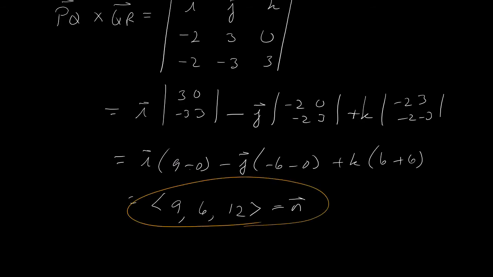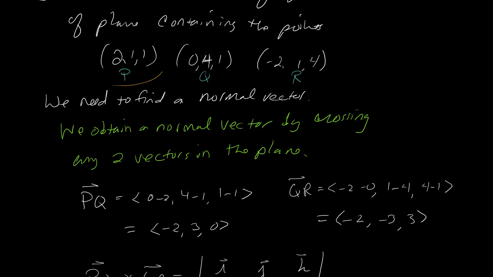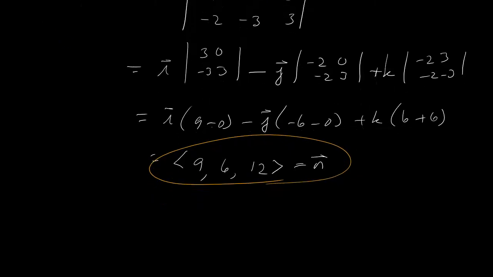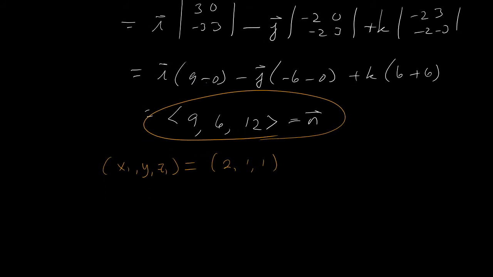And I'm going to choose any point from the plane. So I'm going to come back up here, and it doesn't matter. P looks good. Any point in the plane, doesn't matter which one. So my point x1, y1, z1 is going to be P, which is 2, 1, 1. Okay, so I've got my a, b, c for my normal vector, and I've got my x1, y1, z1. I'm ready to write down the standard form of the equation here.